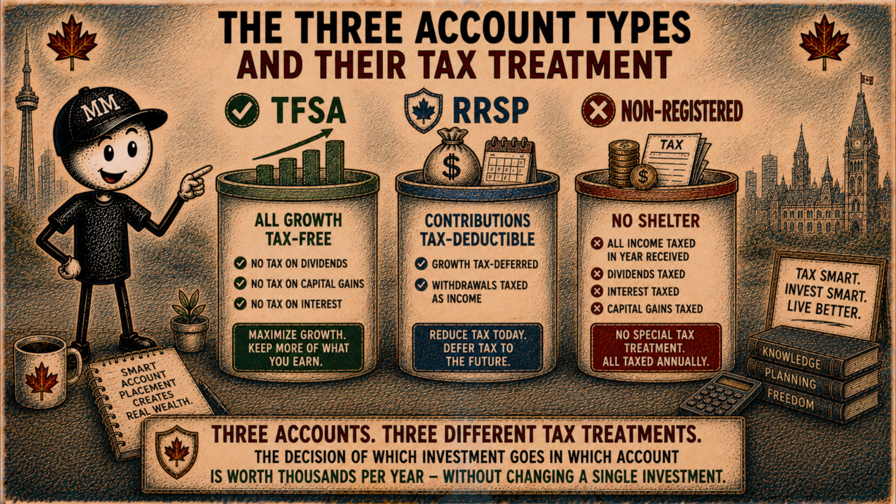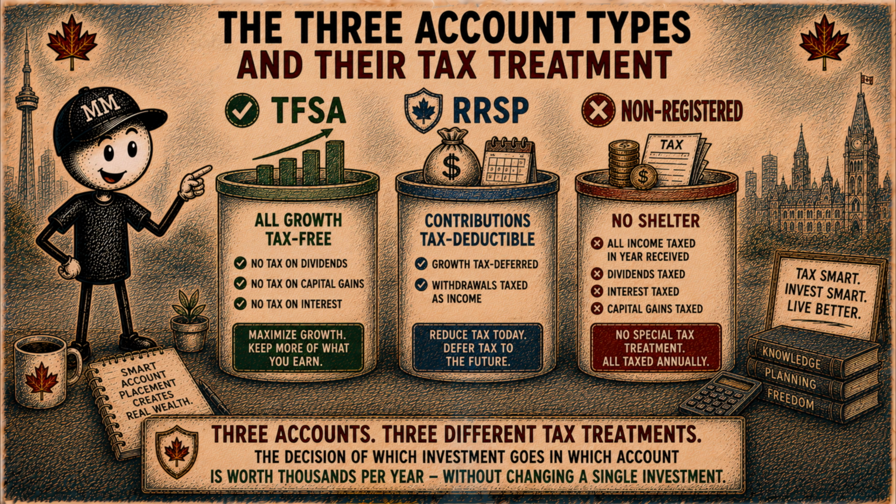In Canada, you have three main registered accounts that shelter investment income from tax: TFSA, Tax-Free Savings Account. All growth and income is completely tax-free. No tax on dividends, capital gains, or interest ever. RRSP, Registered Retirement Savings Plan.